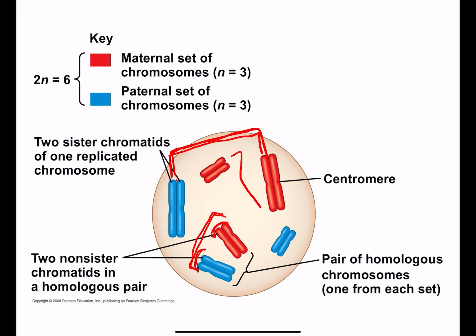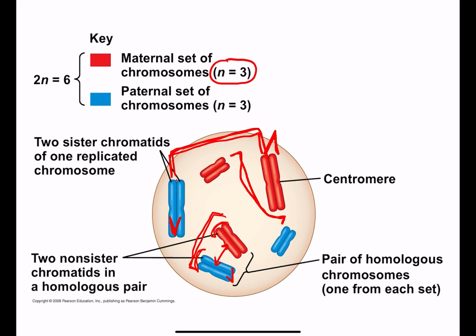And then these two are homologs, okay? These are sisters. These are sisters. These are sisters. And then these, showing here in this diagram, are non-sister chromatids. So non-sisters are going to be, in a homologous pair, the ones that are not paired together. Those will be referred to as non-sister chromatids. Okay?